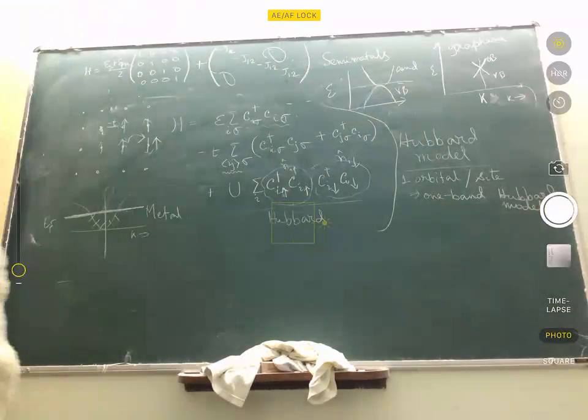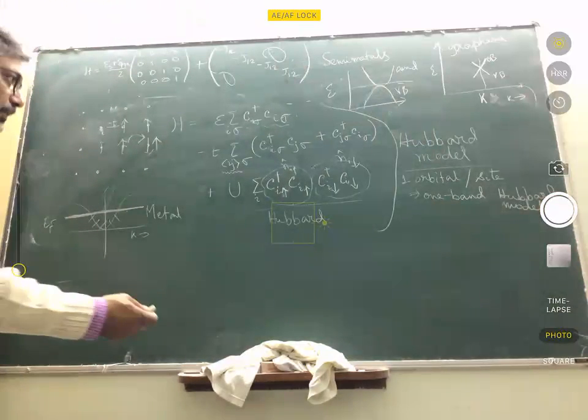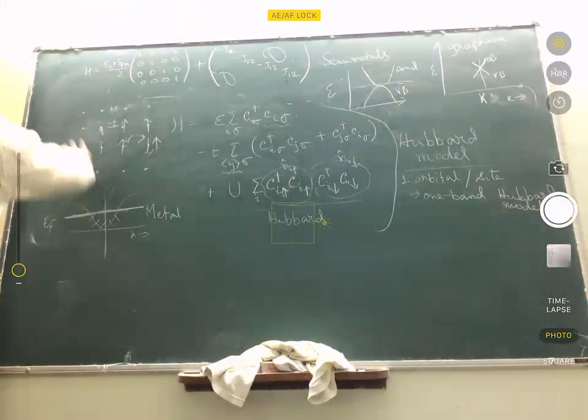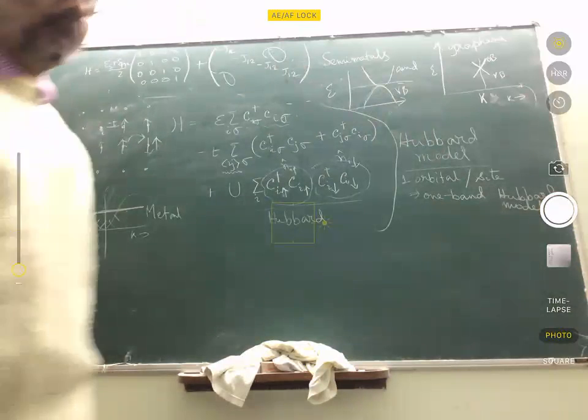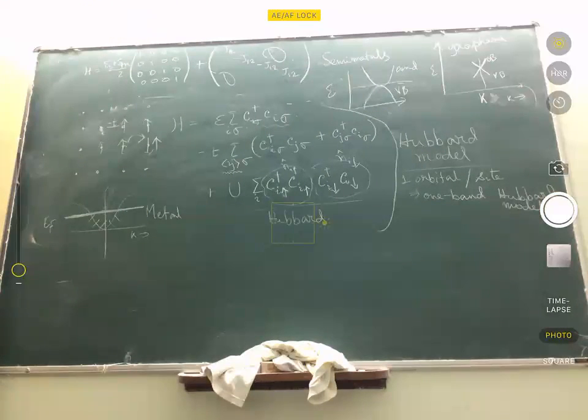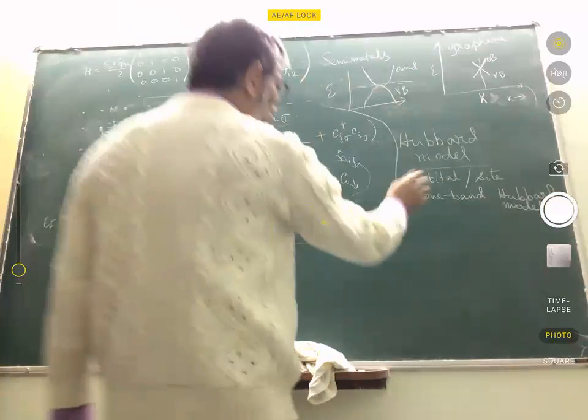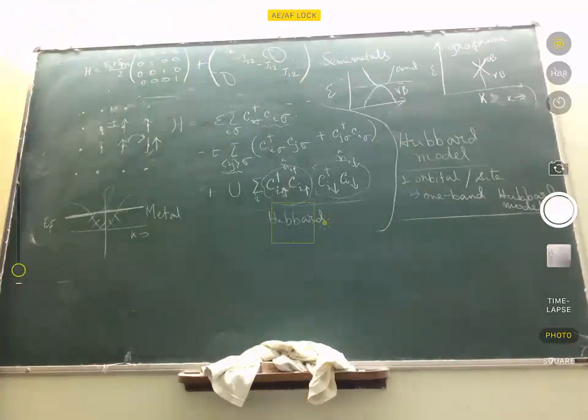Although it need not be at all, in the discussion that we were having, we said we have a half-filled band, one electron per site. That's a very special case.